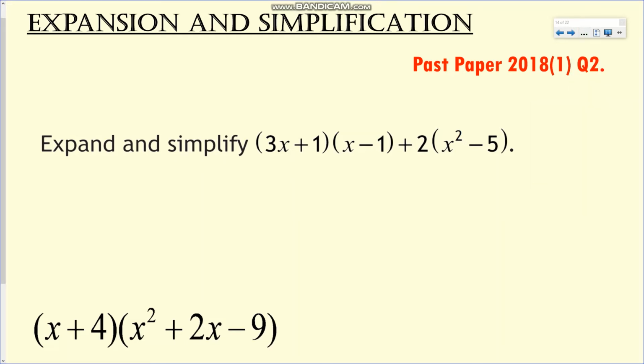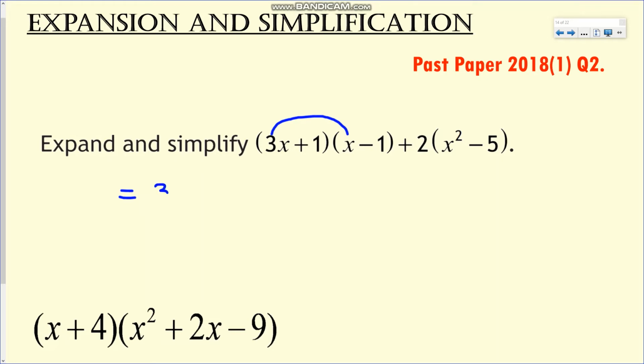Okay, so for this first example, we've got 2 different types of expansion. We've got double bracket expansion at the beginning here, and we've got a single bracket expansion at the end. So for my double bracket expansion, I'm doing first, outer, inner, last, FOIL. First gives me 3x times x.